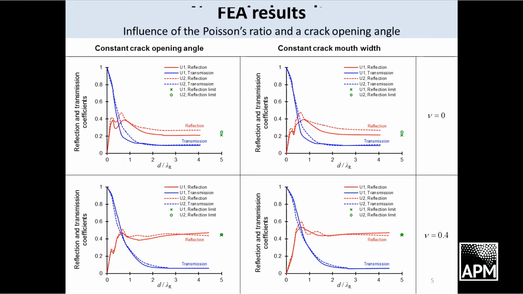It appears that the Poisson's ratio is responsible for the rate of the transmission coefficient decrease, as well as for the value range of the reflection coefficient and the magnitudes and locations of its local maxima.